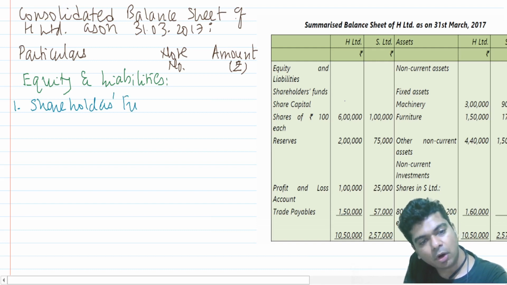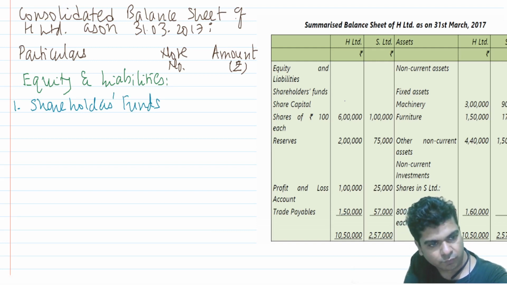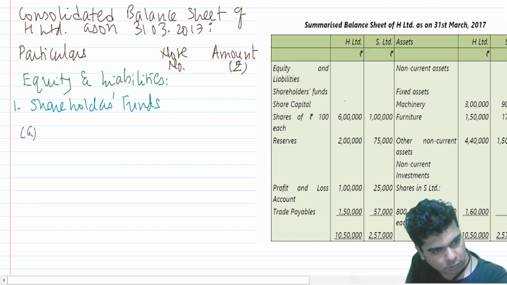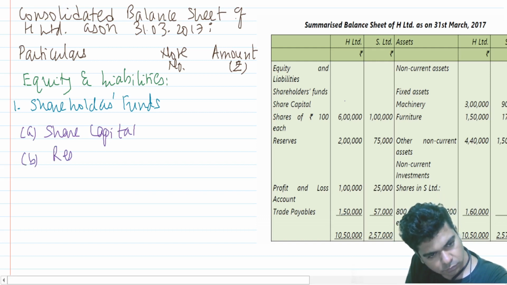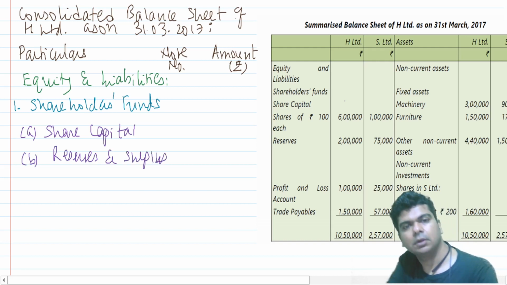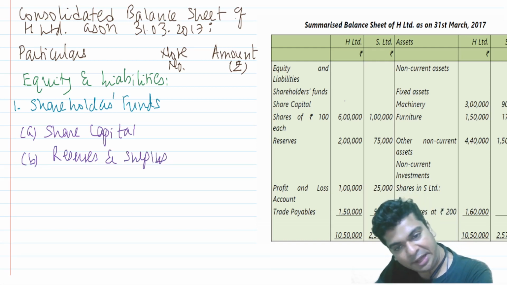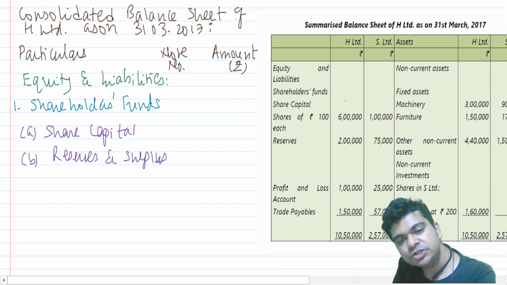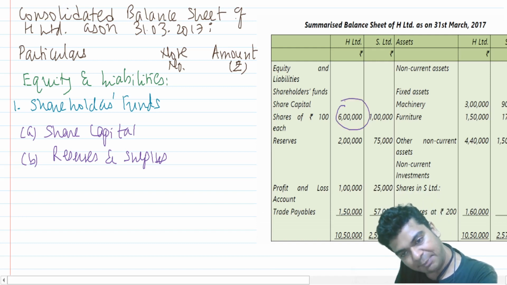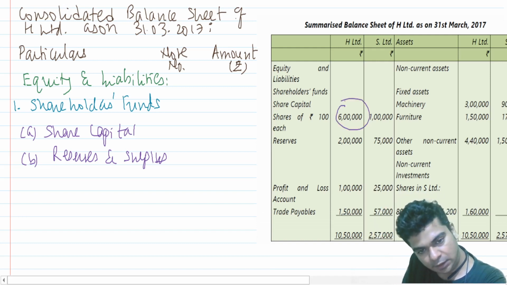We prepare the headings. Right, so I've prepared the headings over here. The balance sheet is of the parent, so put the share capital of the parent. So I put here 6 lakhs.